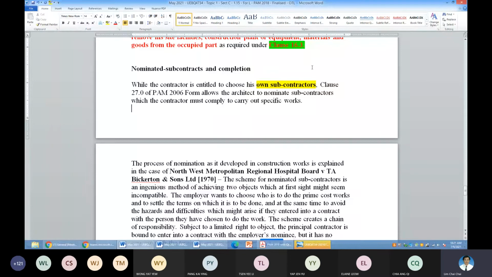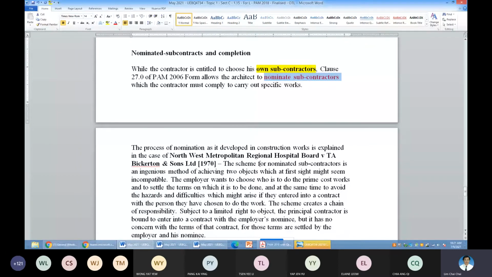NSCs is something allowing the employer or the architect to invite them to participate and force it on the main contractor to accept it. This is the real principle behind it: forcing the contractor to take over the nominated subcontractor. Okay, so this principle is explained under this case law, how the NSCs can come in.